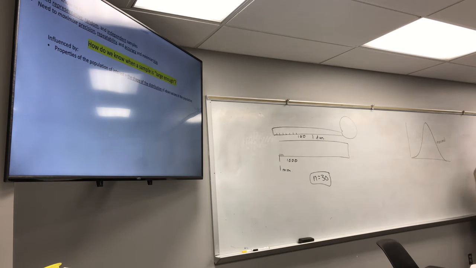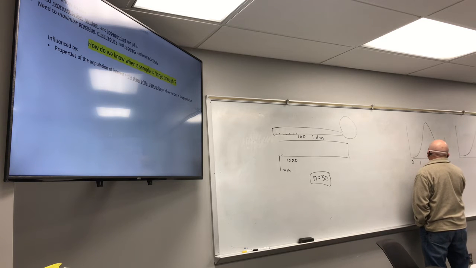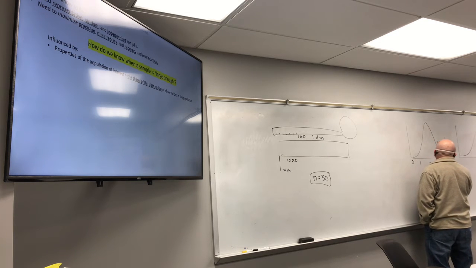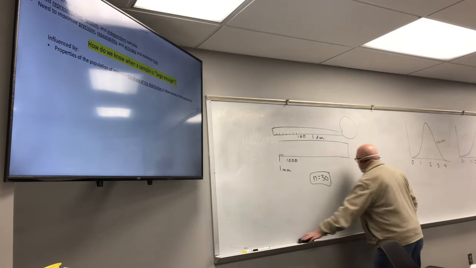In which case, when we sample that population, we actually need fewer samples than if the distribution were biased as a result of grade inflation, where if this is GPA of 0, 1, 2, 3, and 4, 0, 1, 2, 3, and 4. I didn't really space those out very well.